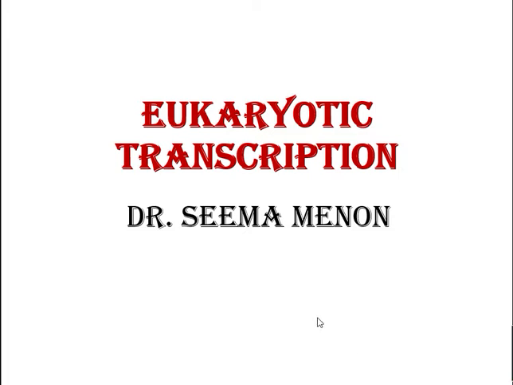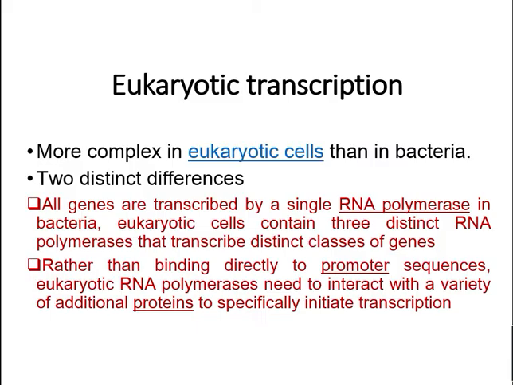So we go to eukaryotic transcription. Though the basic steps are the same in eukaryotes and prokaryotes, eukaryotic transcription is considered to be more complex, and we will go through the two basic differences between eukaryotic and prokaryotic transcription. First, in prokaryotes, we saw that there is an enzyme called RNA polymerase.